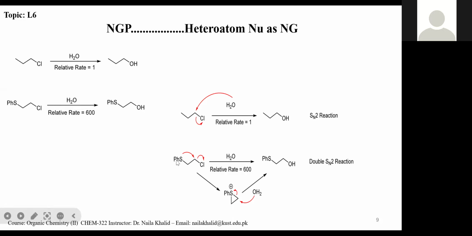Why? Because first the internal nucleophile will attack over here. This will leave the surface. This is the first SN2, and then another nucleophile will attack over here, and this is opened. So that is the second SN2. This type of reaction is 600 times faster than this one.